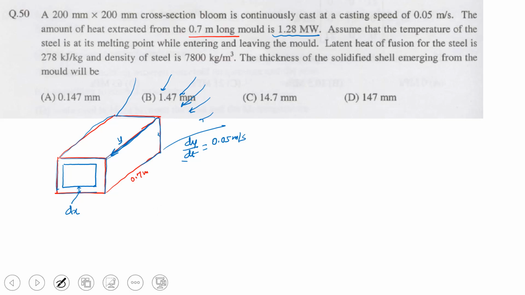when it is getting solidified, the mass of this solidified is releasing this energy. So we can say the mass flow rate times the latent heat is giving you that amount of joule, right.